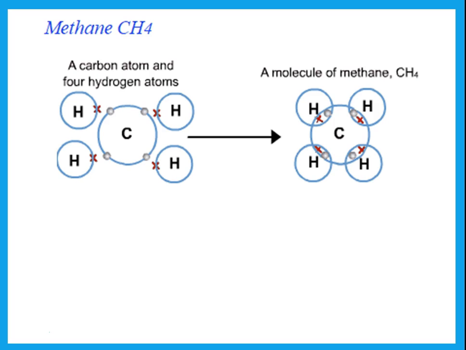But the carbon needs how many? Carbon is in group 4. It needs 4 electrons. So I need 4 hydrogens to give me 4 electrons. So I draw it like this, so that between each carbon and hydrogen there is one electron from the carbon and one from the hydrogen, either with circles or without circles.